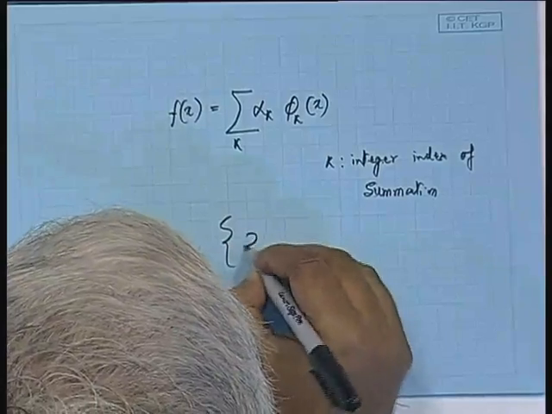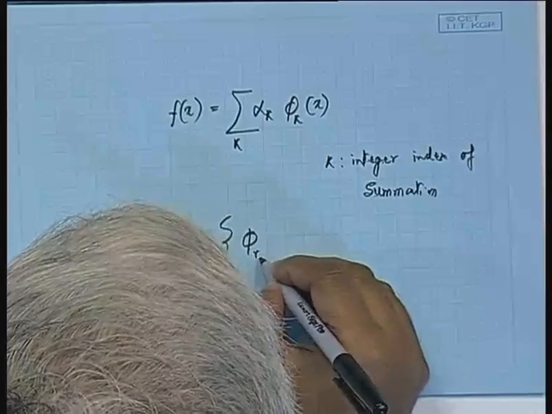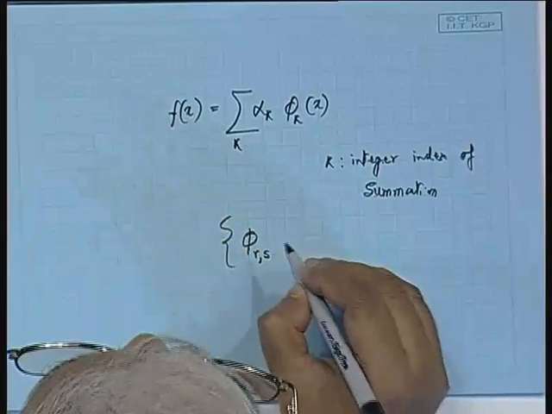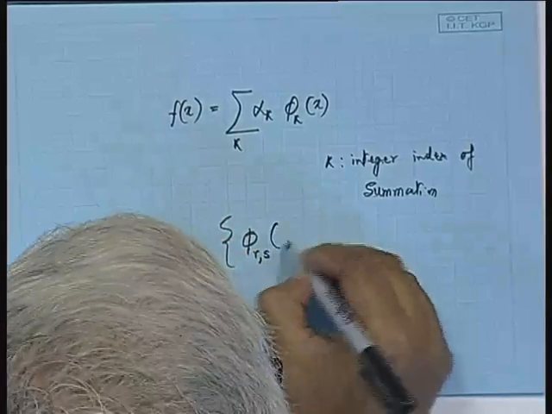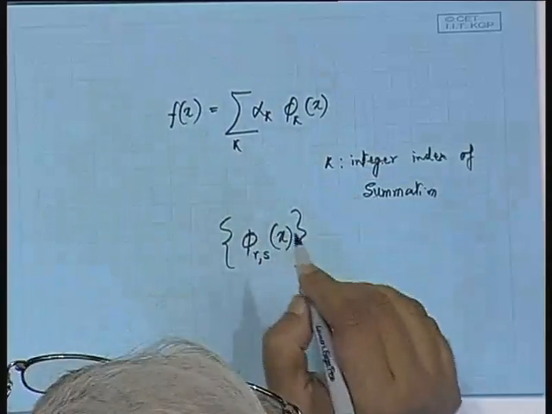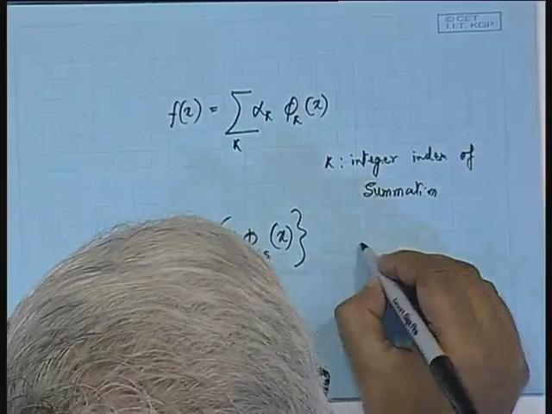So, there will be two variables associated with it, and we call the set phi, and as suffix I am writing two quantities r comma s, with the argument x. X continues to be the argument, but these two parameters r and s, what are they?